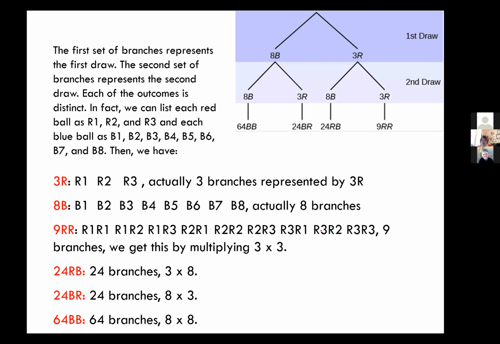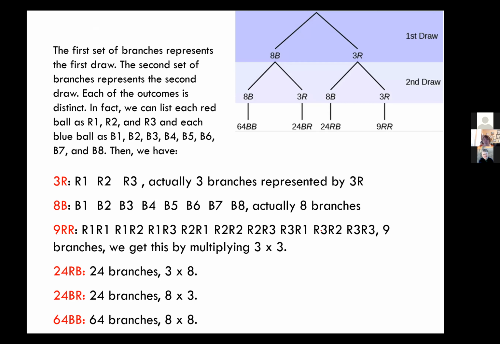Okay, so now you can look at your tree diagram and you can see that in the first branch, there are 3 branches where you could get a red. So in the first draw, since there are 3 red balls in the urn, there are 3 different outcomes where the first ball could be red.